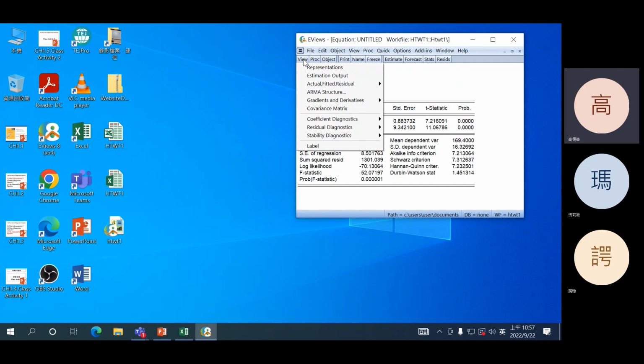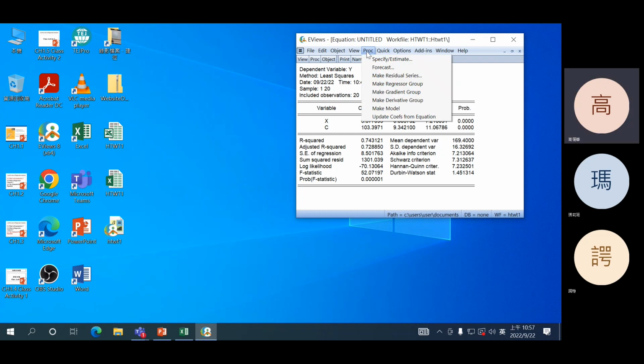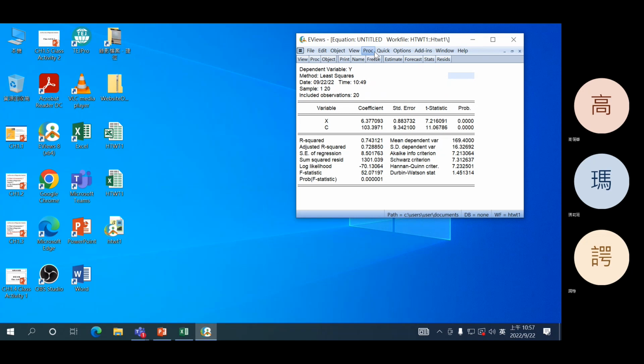Maybe view. Equation. No, I cannot see it from here. Or where is the problem? Well, I'll figure it out later on, okay?